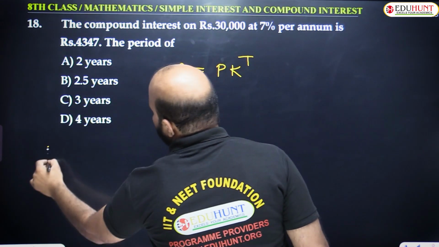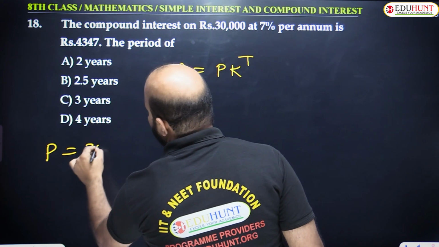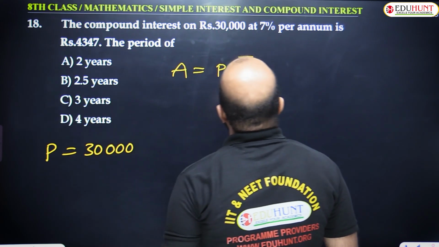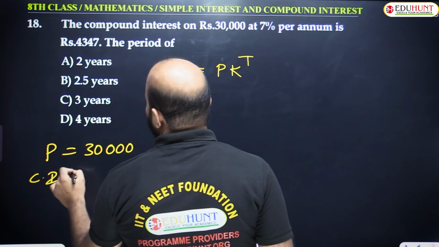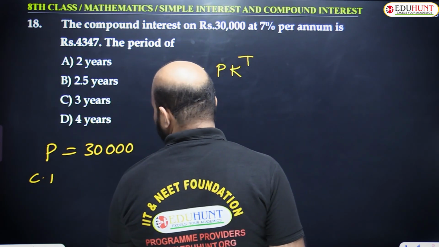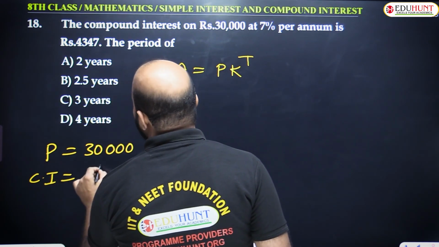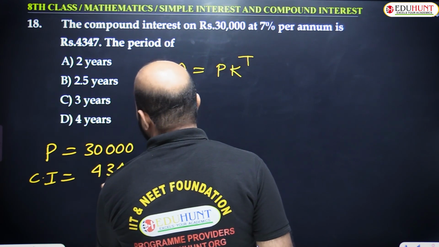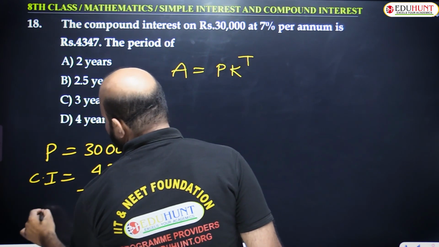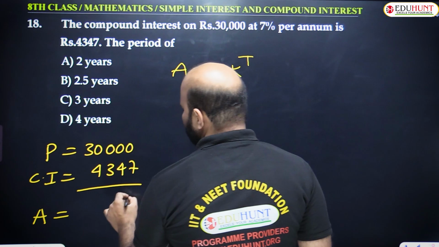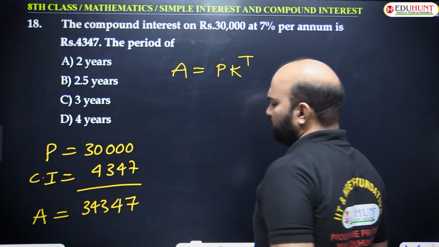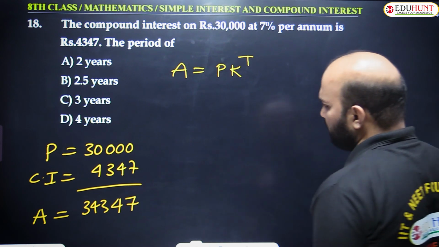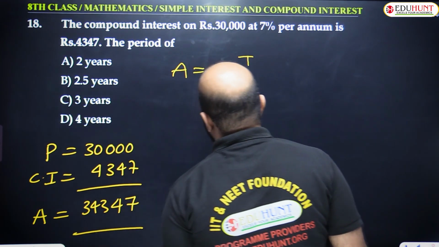So in that question, the principal given is 30,000, and the compound interest is also mentioned: 4,347. If it is added, principal plus compound interest, this is called the total amount. What is the total amount? 34,347. 34,347 is the total amount, principal plus compound interest.